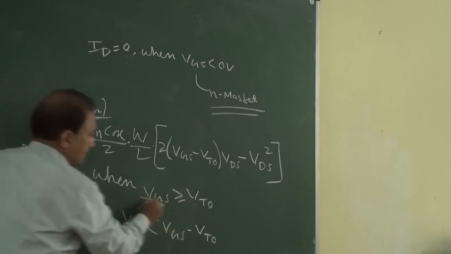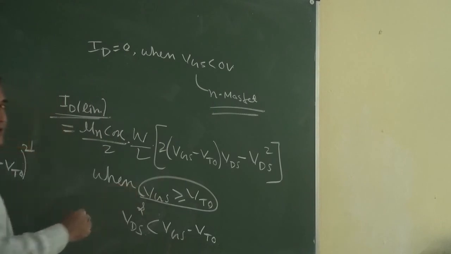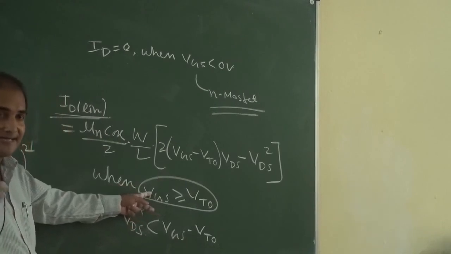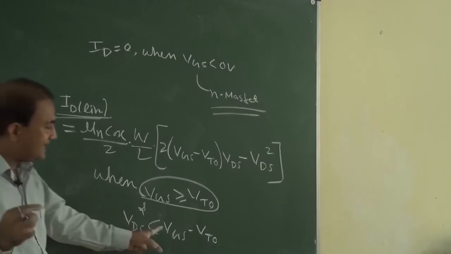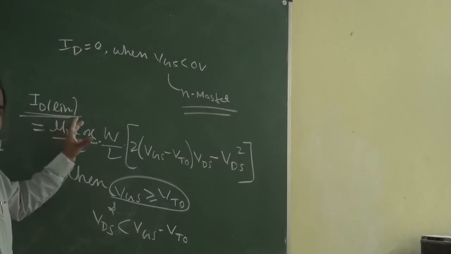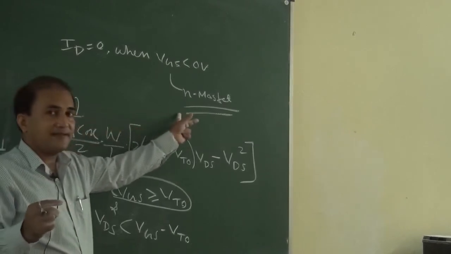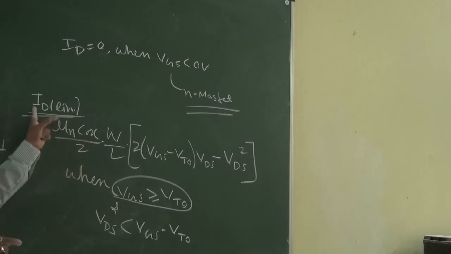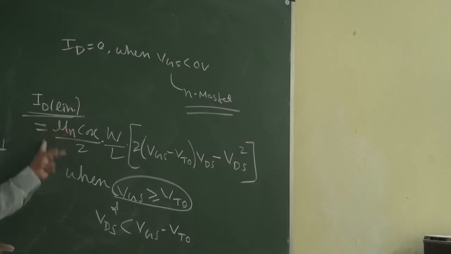So this is the condition for creation of channel. Once the channel is created, then we have to apply VDS. VDS should be less than VGS minus VT naught for operation of the N MOSFET in linear region. So in case of linear region, the drain current is equal to this expression.